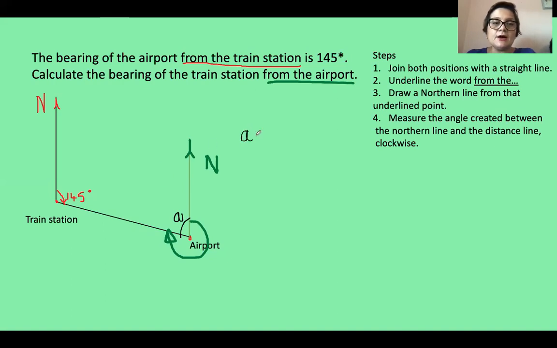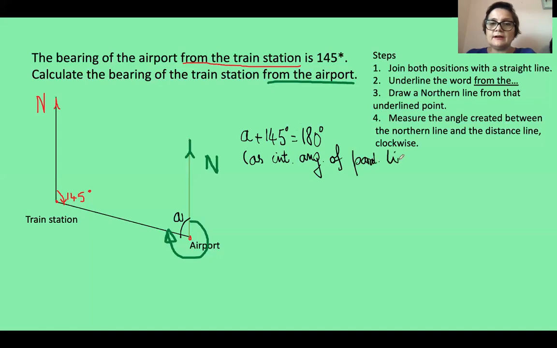So a plus 145 degrees equals 180 degrees. Let me write the sign of the angles, 180 degrees, and why you must reason it as interior angles of parallel lines.